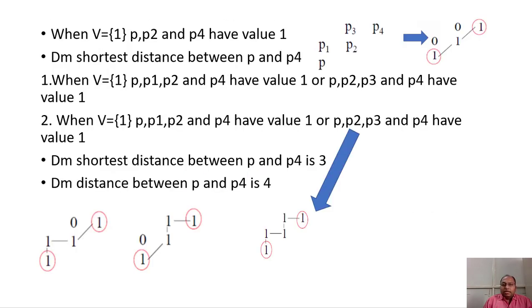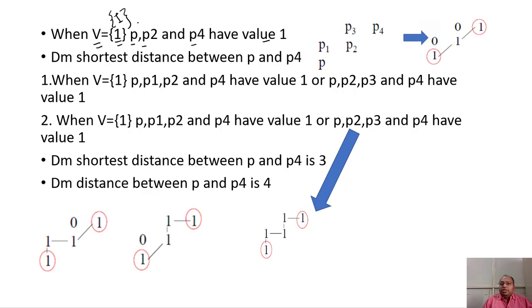Now over here V is a set having the value 1 only. So V is a set consisting of pixel values having intensity 1 only. Let us say that pixels p, p2 and p4 have value 1.